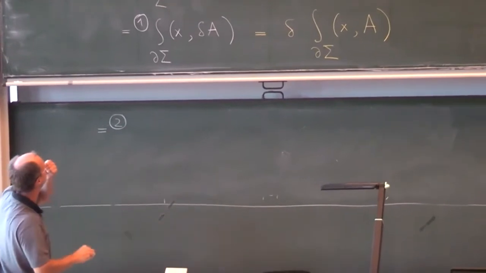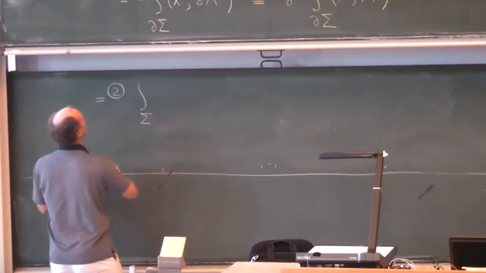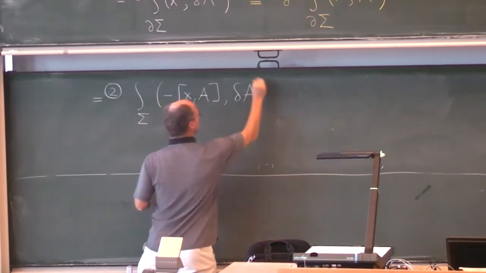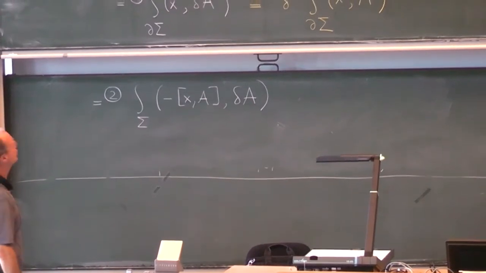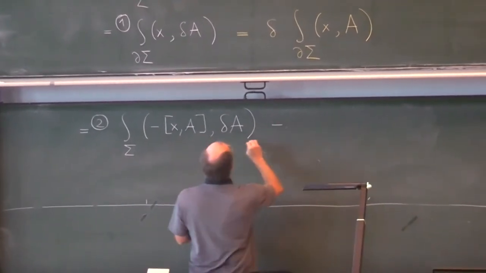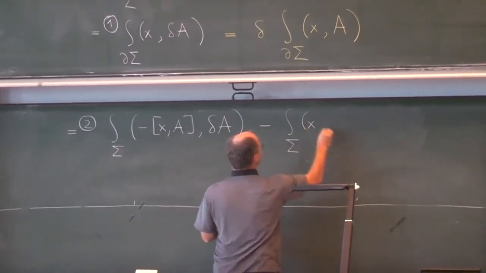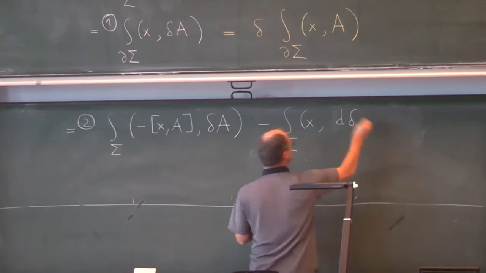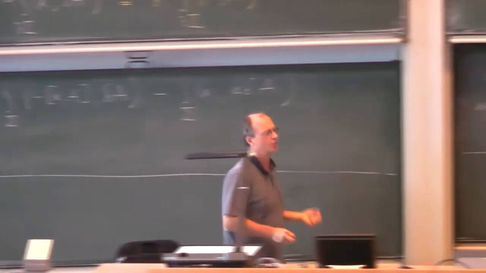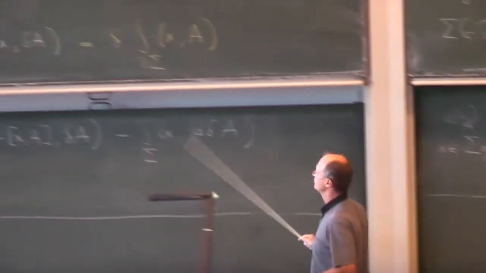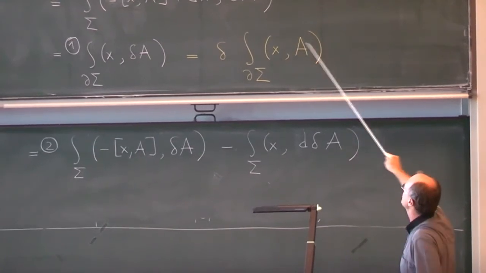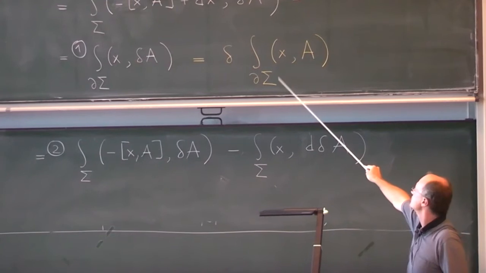So the rest of the answer: first of all, I get an integral over sigma of minus [X, A] delta A, and then I also get the term from the integration by parts, and this will be minus the integral over sigma of X d delta A. In fact, what I want to do is write them more in the form of the moment map condition, which means that I want to have delta in front, as here, and then I want to have some pairing with X. Here the pairing is given by this product and integral, so I want to have some pairing with X of something.